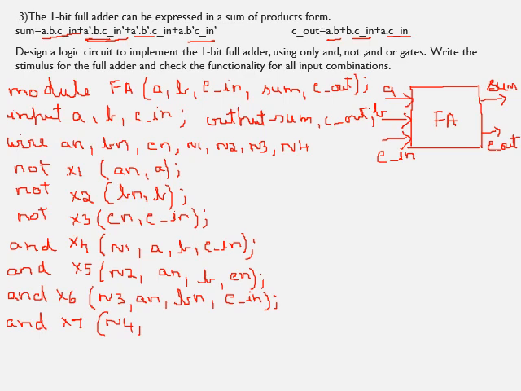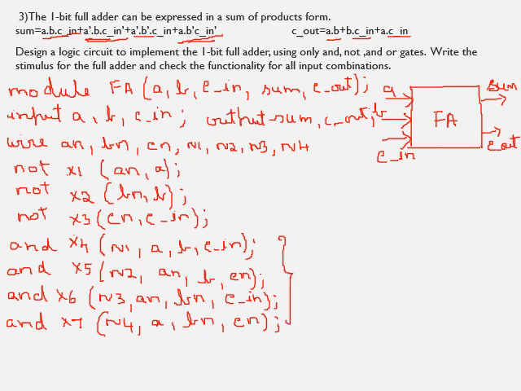So now the expression is A B bar C in bar. So A, B bar and C in bar is Cn. This realizes the 4 AND terms of the sum expression.